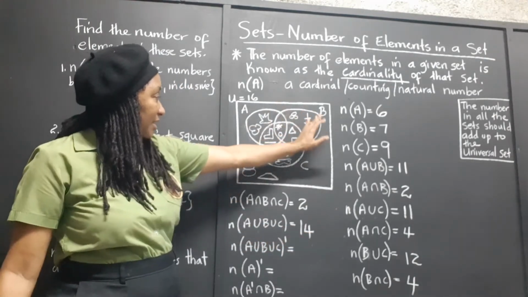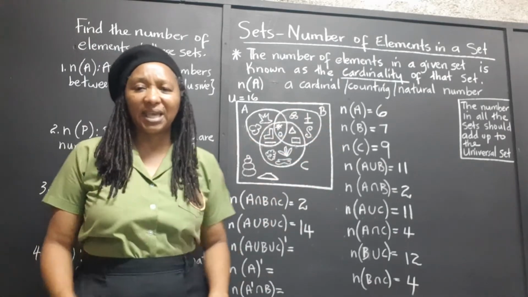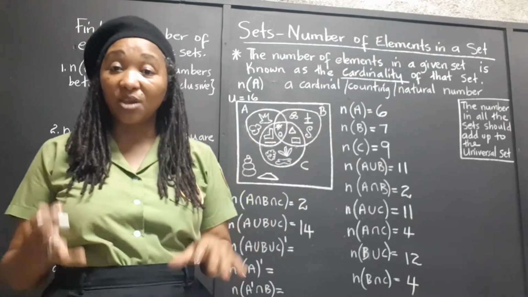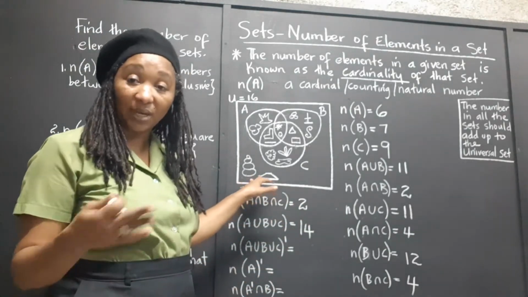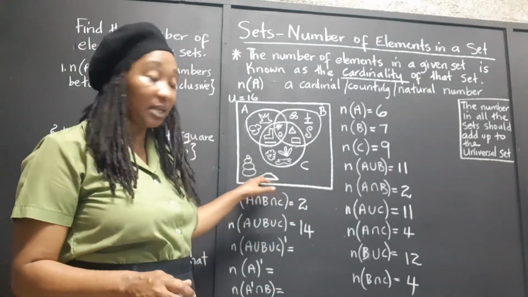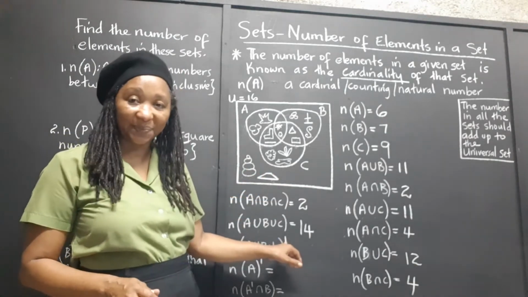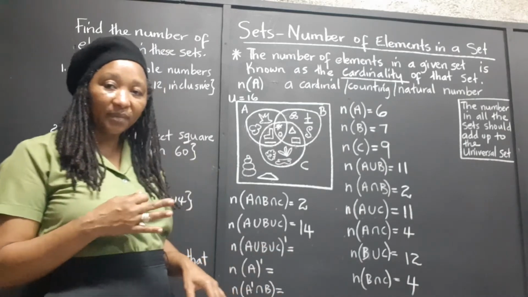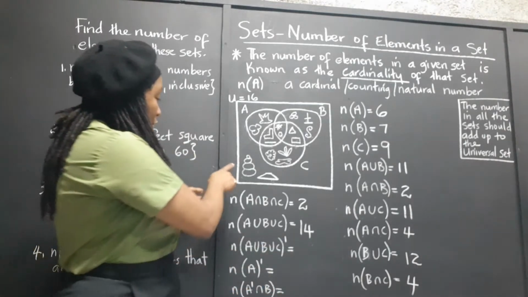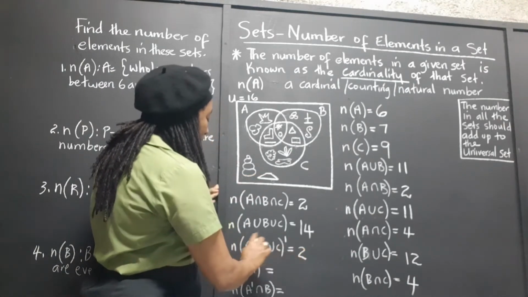That's all of these. So who did we say are not in A or B or C? Remember those 2 elements out here who like to just stay by themselves? They are not in the union. They are in the complement. Complement means not a member of. So that's 2 elements that are in the complement of the union.